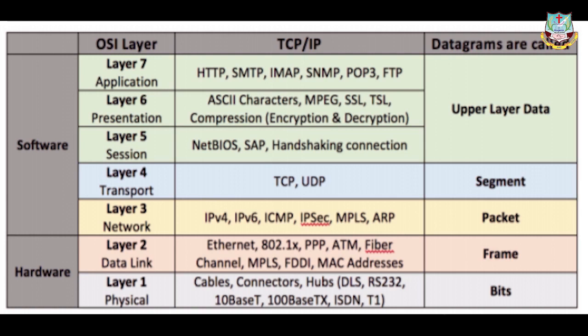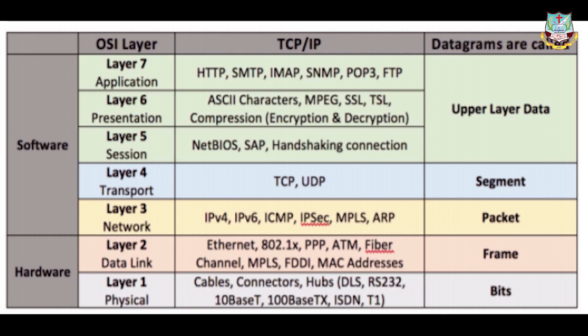First layer is the physical layer. This physical layer defines the electrical and physical specifications for a device. Next, the second layer is the data link layer. This guarantees that the data transmitted is free of errors. From the name itself we can say data link layer, that means it guarantees the data is transmitted without errors.